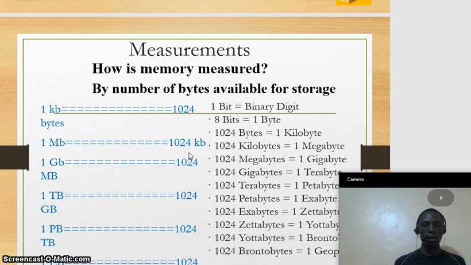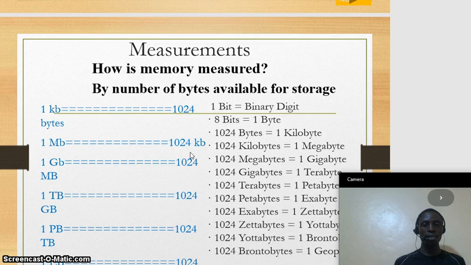So for example, 1 kilobyte is equivalent to 1024 bytes. We have seen these things happen in our storage devices. You store 1 kilobyte of a song on your memory.